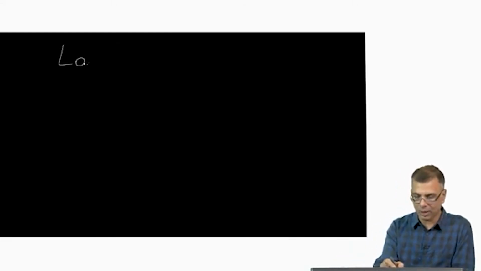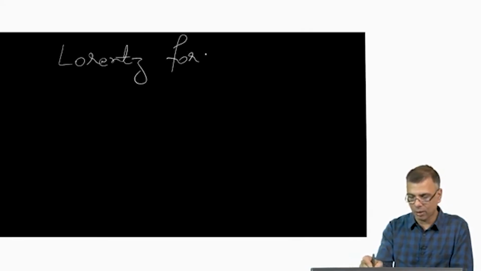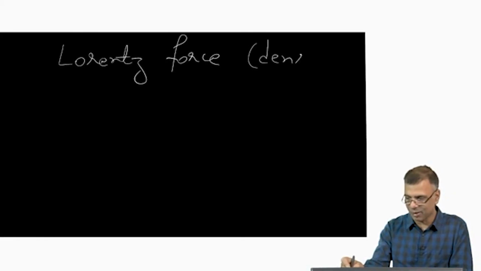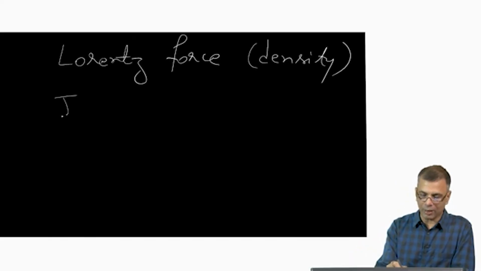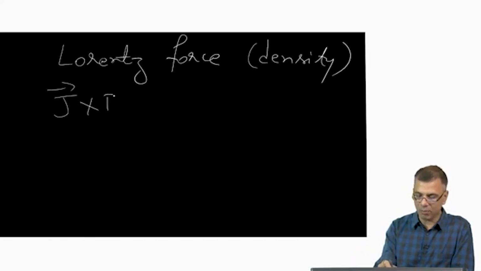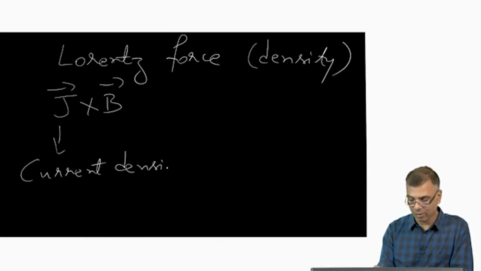And what did the Lorentz forces look like? The Lorentz force density, okay, which is force per unit volume, looked like J cross B, where this is current density and this is the magnetic field.